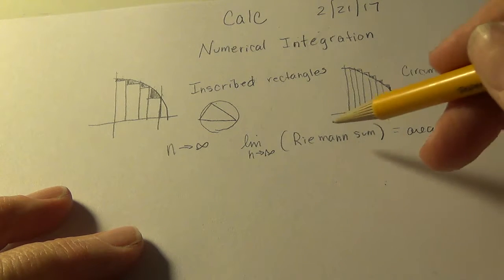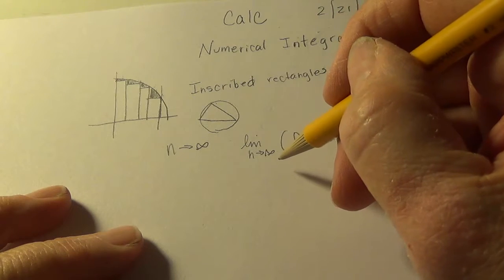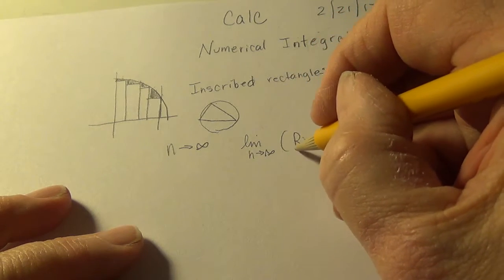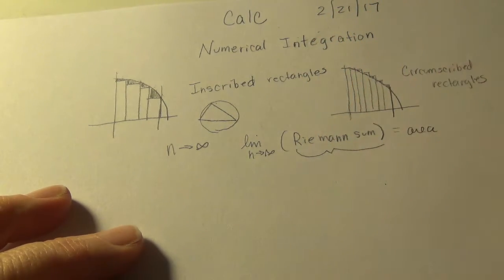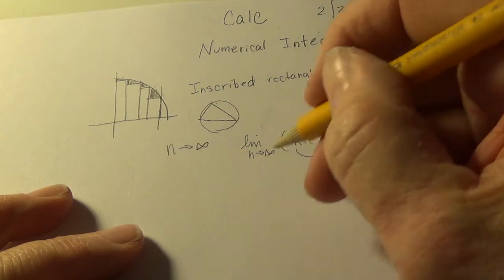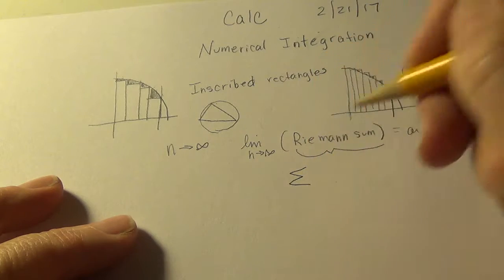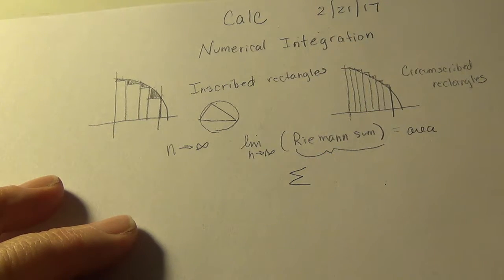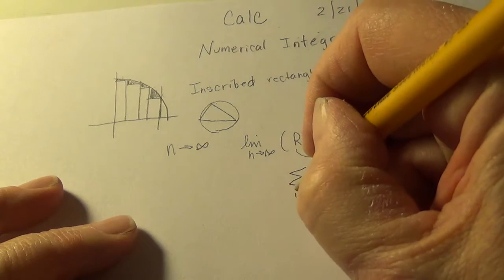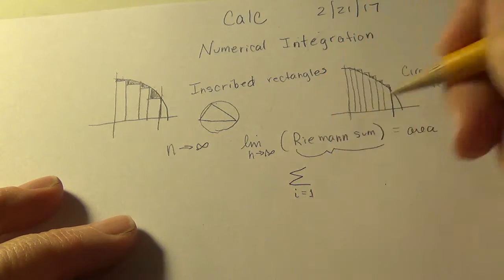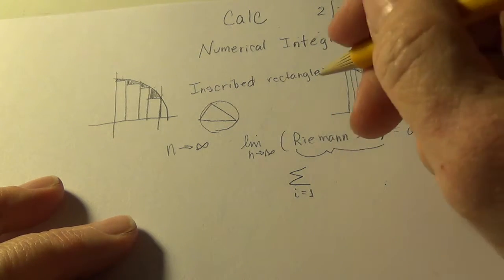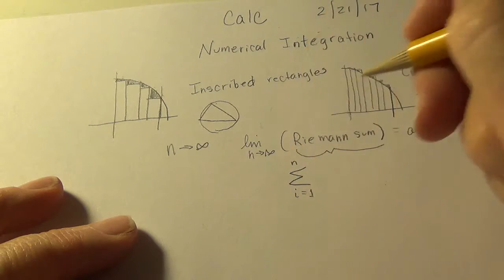So let's look at that a little closer here. How can I, with algebra, depict this Riemann sum? Well, I'm going to use an old friend of ours, the summation symbol, and I'm going to start with a counter. I'll call it i, and i is going to start at 1 and go to n.